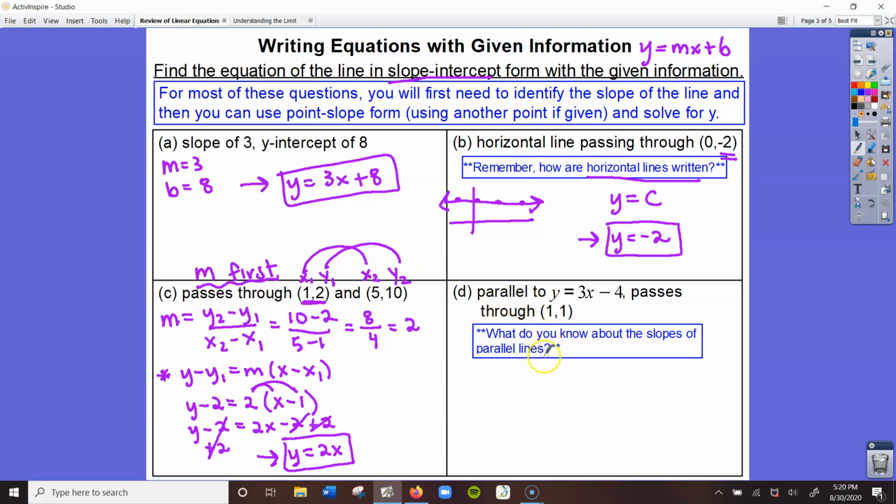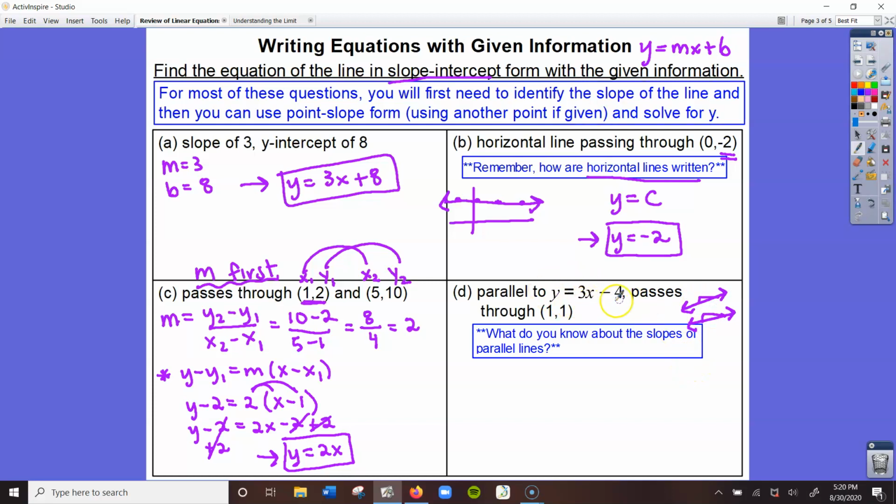For part D, we are told that we want to find the equation of a line that is parallel to y equals 3x minus 4 and passes through the point (1, 1). Now we need to remember, what do we know about parallel lines? Aside from them running side by side, in order for them to run side by side, that means that they must have the same slope.